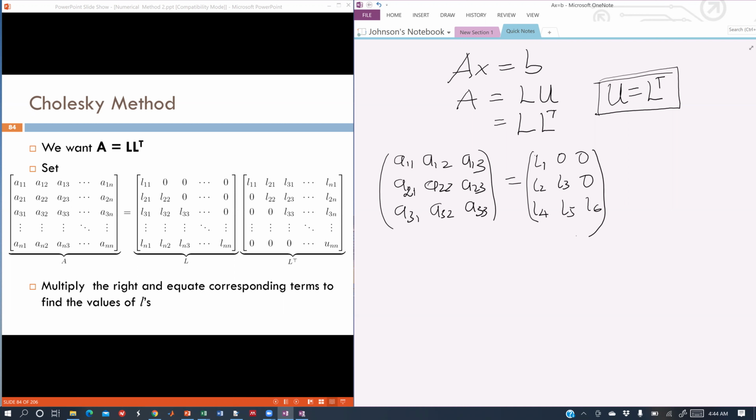So I have this, and instead of generating U using other variables, this time just write the transpose of the L. And so L1, 0, 0, L2, L3, 0, then L4, L5, L6. So you see, after transposing the L, we get a matrix that is an upper triangular matrix. So that is what Cholesky decomposition is all about.